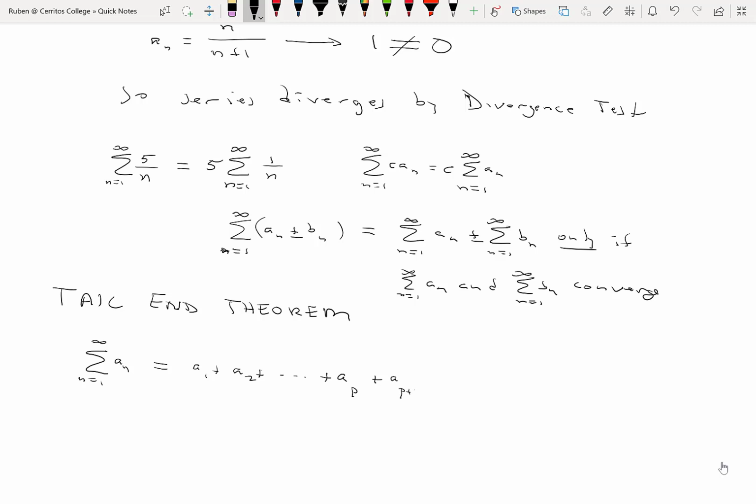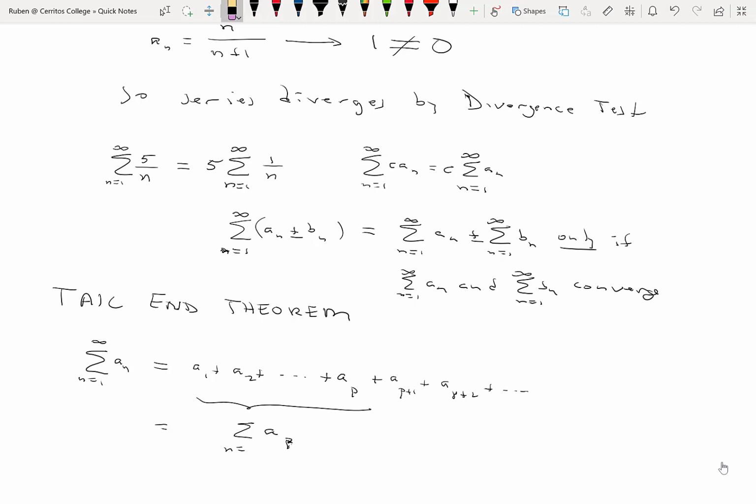It will have the p plus first term, the p plus second term, and it will keep on to infinity. So the sum, any series, can be broken down into adding together a finite number of terms. And again, that finite number of terms can be a heck of a lot of terms.